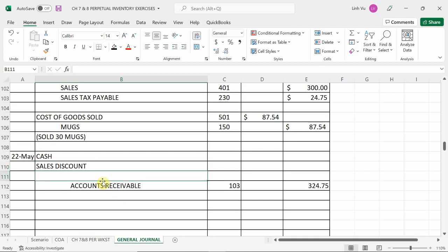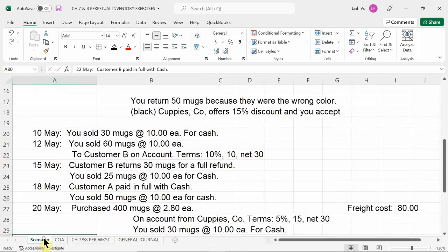And of course, because we originally charged them the full amount for the entire sales, we also have to give them a portion of their sales tax money back because we are now discounting the amount that they deserve the discount for. So in this case, we need to subtract out the tax from that and give them back the tax money for that. So in this case, let's take a look.